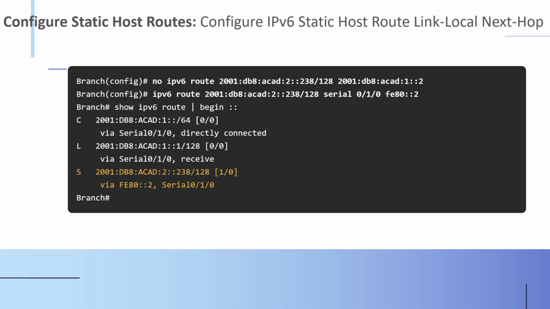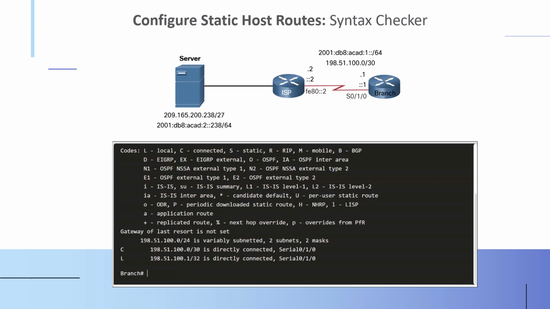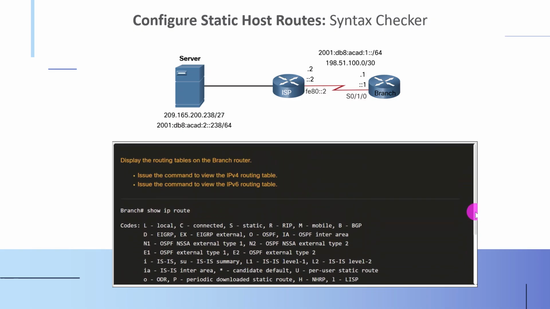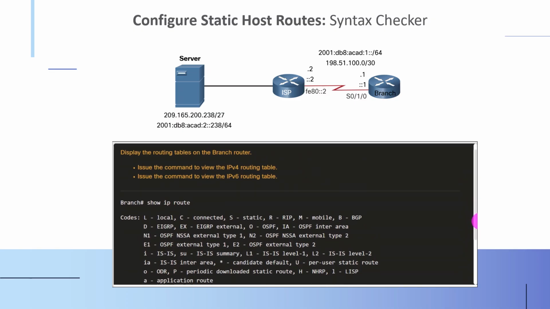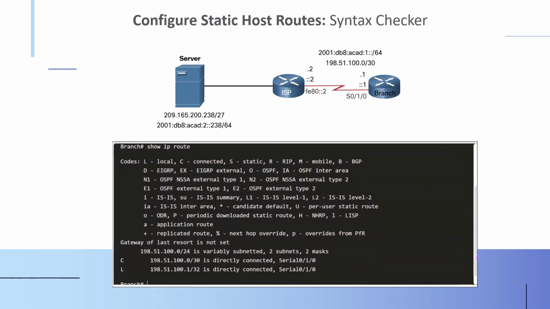And even for the static host route configuration, we have a syntax checker. In this syntax checker, we will configure the static host route based on the requirements of the static set.